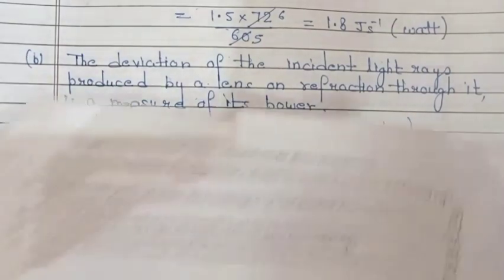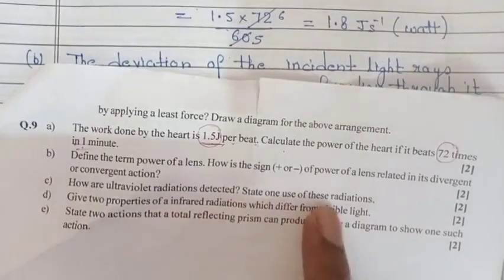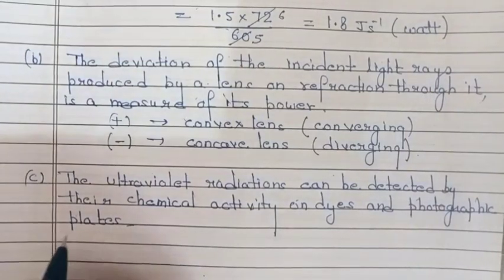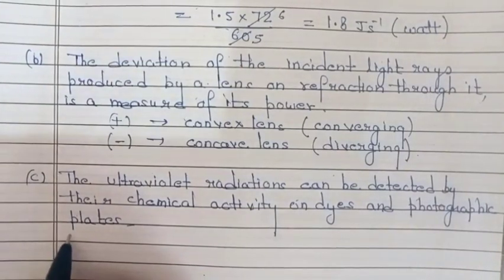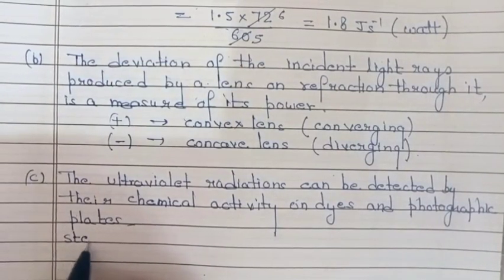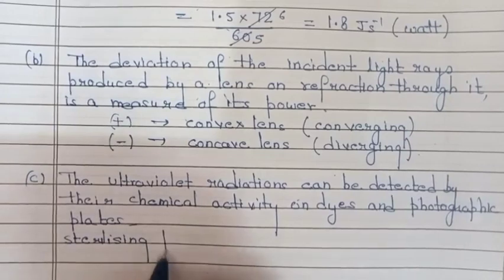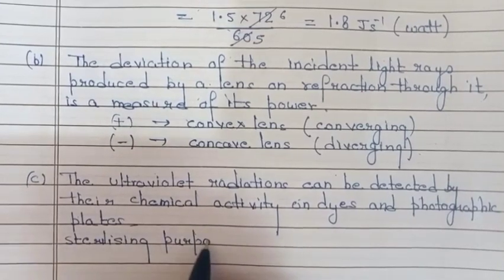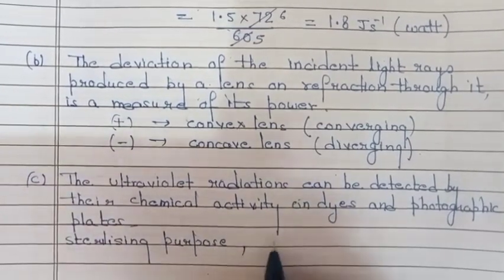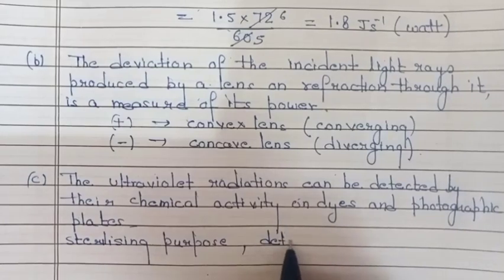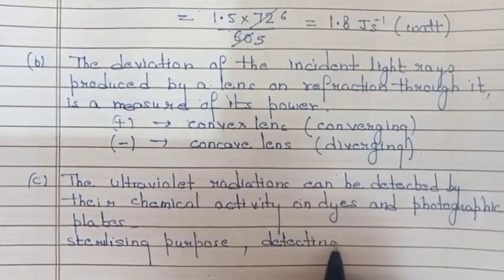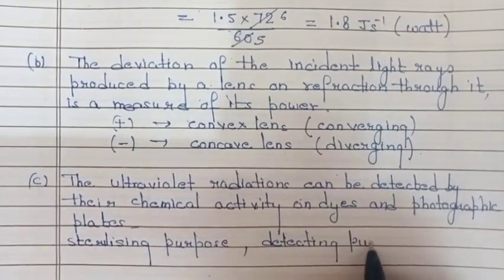Secondly, they are asking us to give one use of these radiations. So let us give the use. First of all, we can say they are used for sterilizing purpose. We can give one more use for detecting purity of gems.